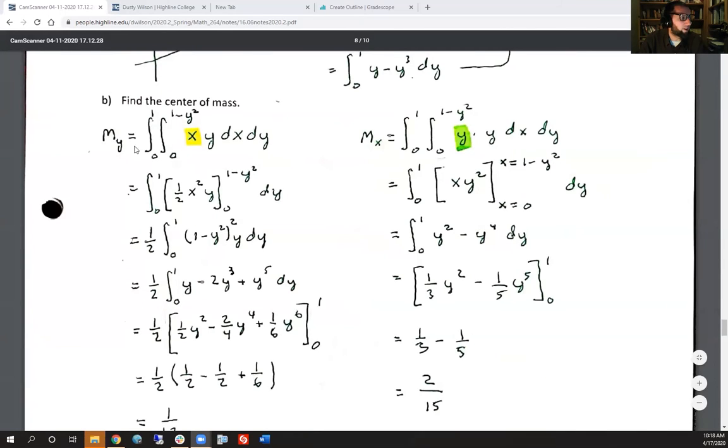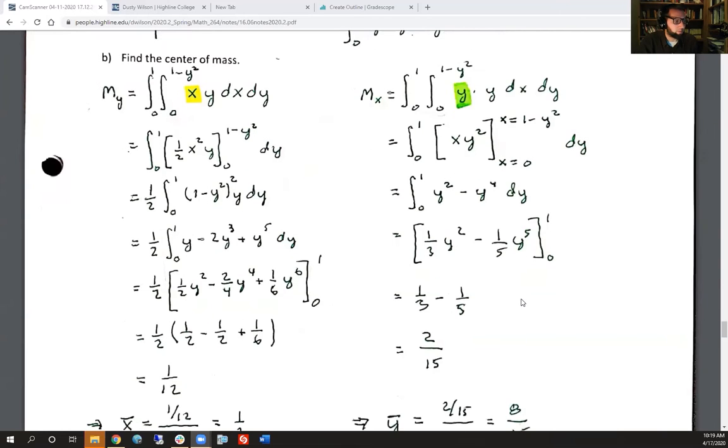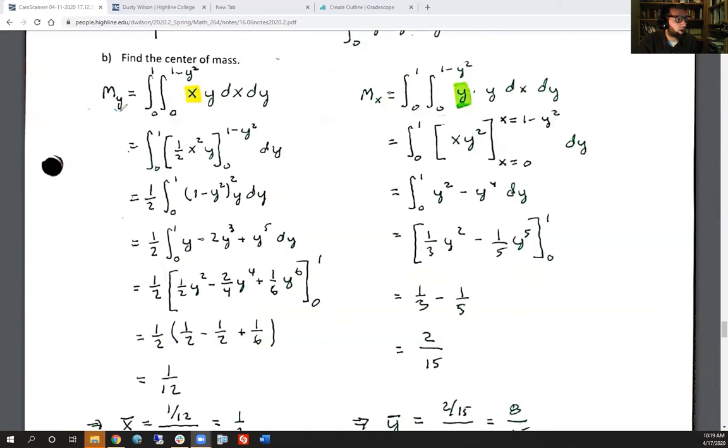The moment about the y-axis is that same integral, but now with an x. The moment about the x-axis is that same integral, but now with a y. Then you work through your normal integration process. These are polynomials, we all know how to do that. We all make mistakes because we lose track of a sign or a fraction, but it's a basic integration. And at the end of all those integrations, we discover that our moment about the y-axis is 1/12.